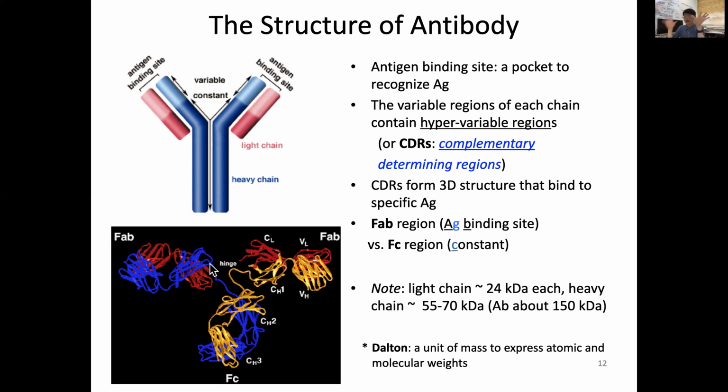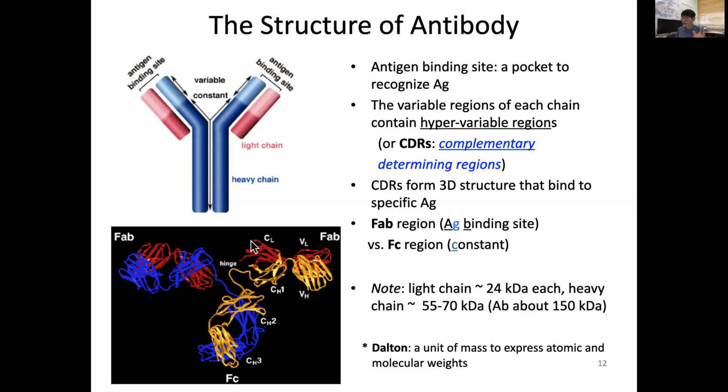One is the antigen binding site, which we call Fab, meaning antigen binding fragment, while the rest, the constant region, is the constant fragment, or Fc region. You can see that this light chain is about 24 kilodaltons, and the heavy chains are about 50 kilodaltons. Combined this is about 70 to 80, and there are 2. So an antibody like this has about 150 kilodaltons, which is quite a big macromolecule.